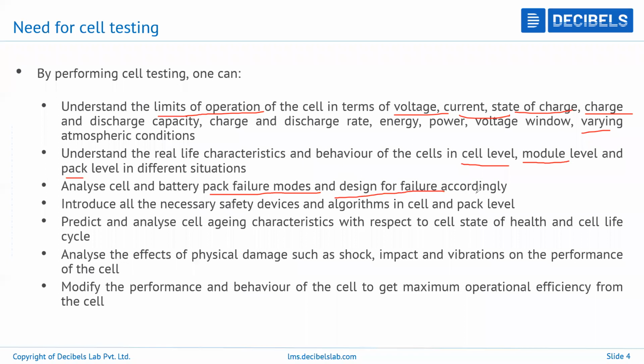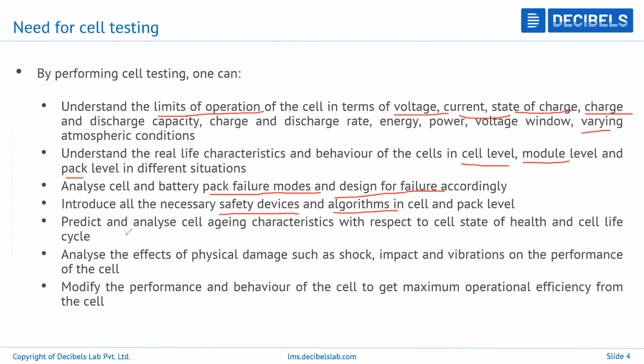Design for failure is a very important aspect. So you're able to understand at what point the battery pack can potentially fail, and also accordingly devise necessary safety devices and algorithms to prevent such failures, or at least to increase the margin for failure. This is exactly what cell testing helps us in understanding.